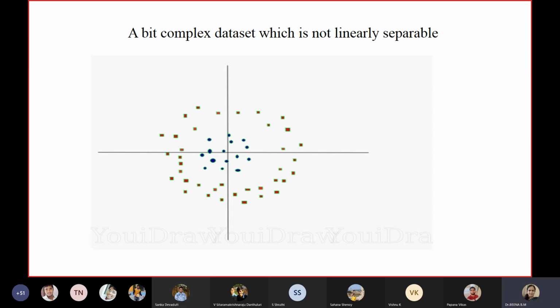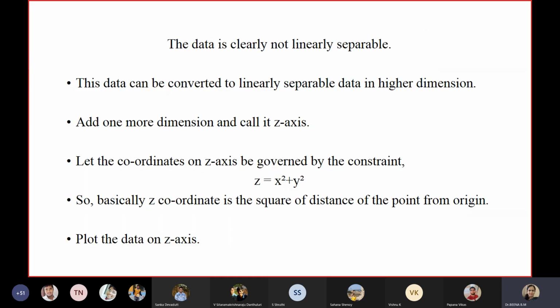Here is one more example of complex data where the data is not linearly separable. So how do we do that? We add one more coordinate, that is called Z. Z is equal to x square plus y square. So basically, what is Z?